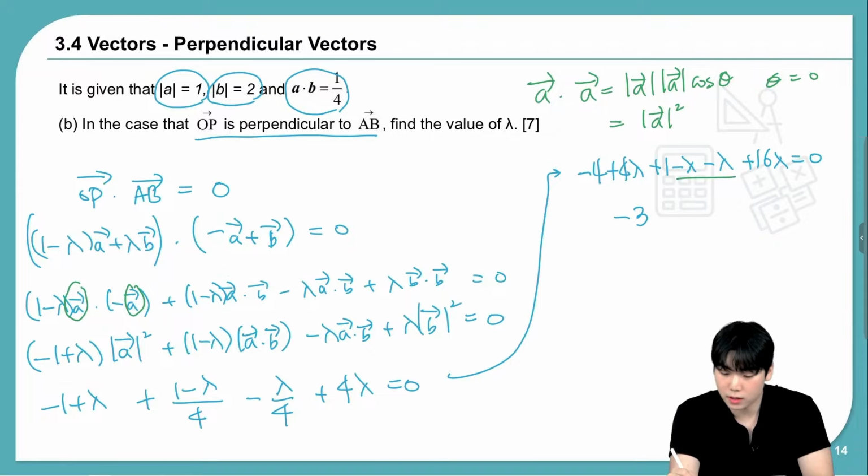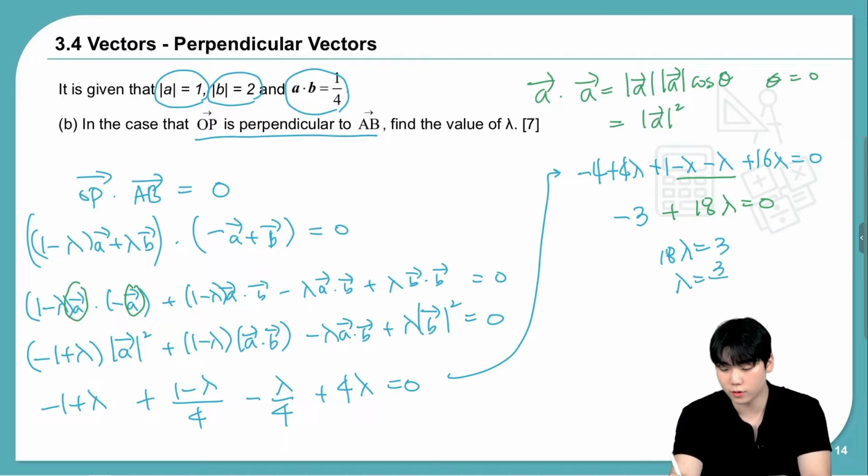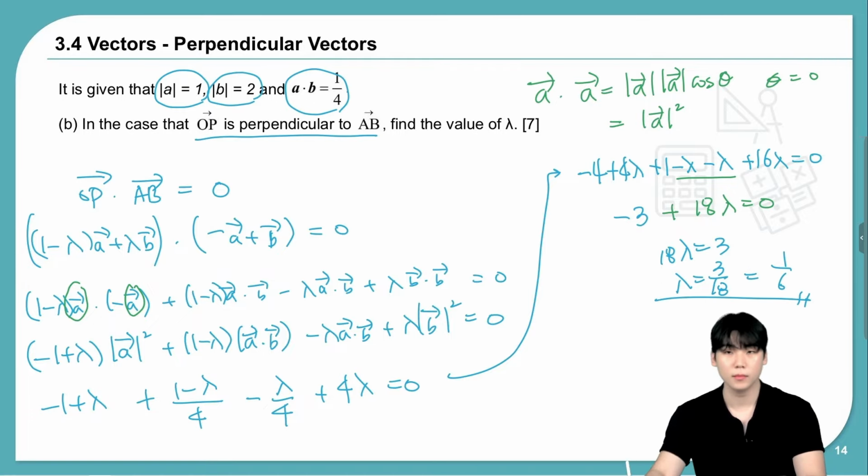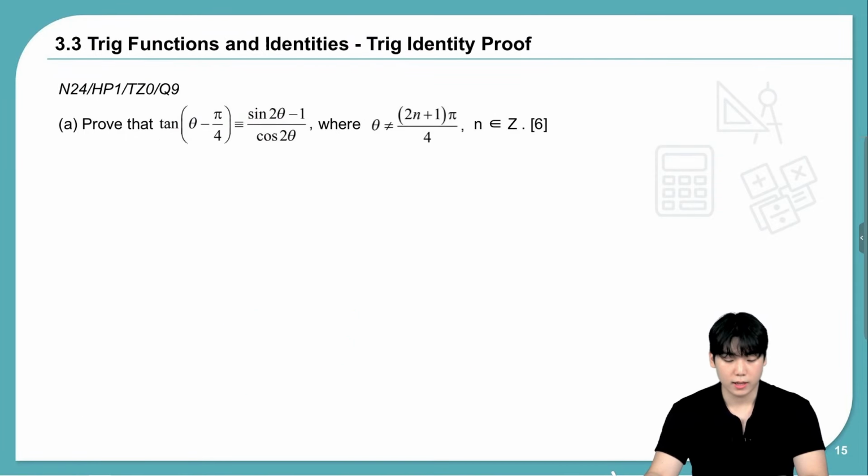And that means 18 lambda is equal to 3. Well, lambda is equal to 6. And that is how we do the question. Oops, my bad, made a mistake there. Lambda is equal to 3 over 18. Well, it's just 1 over 6. Okay. And we are going to move on to the next question.